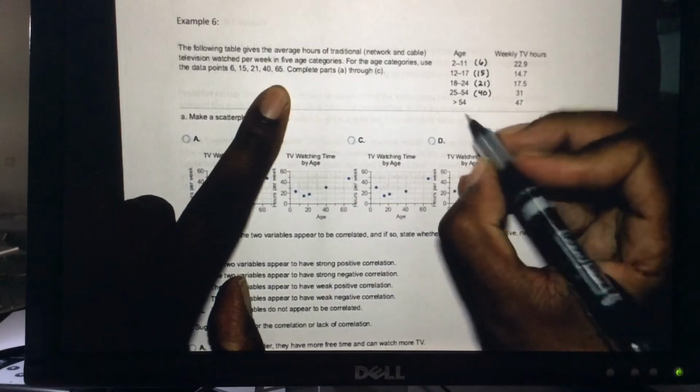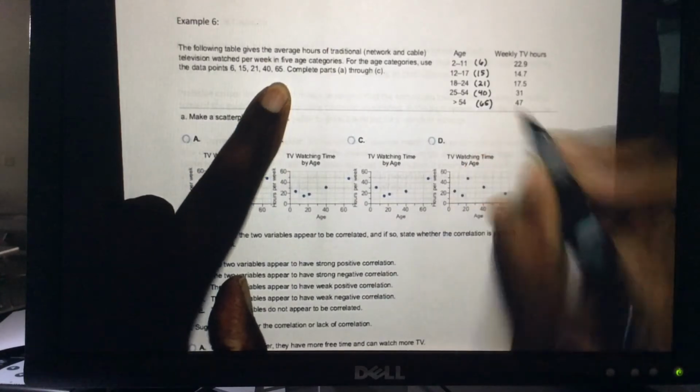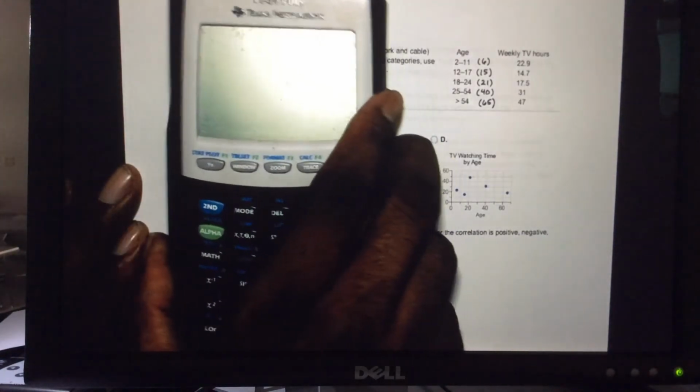And then anything greater than 54, we're going to use 65. Those are going to be our data points, which will correspond to each of the weekly TV hours given. And I will have a handout on Canvas that shows you how to do this step by step.